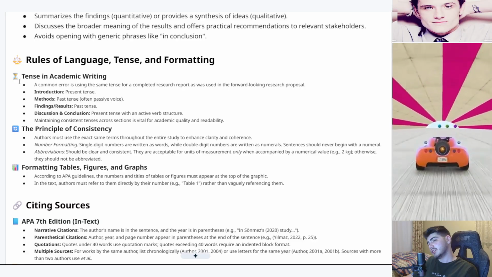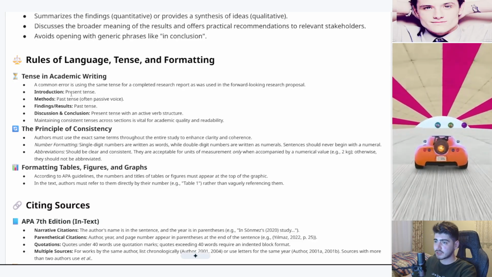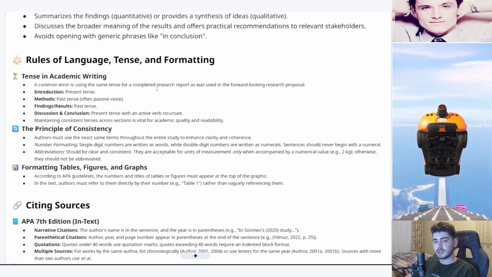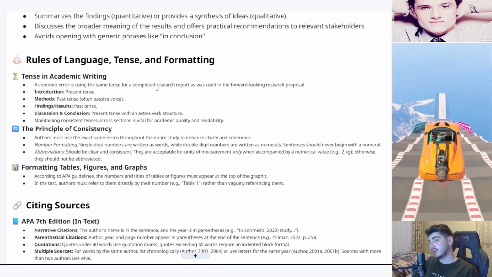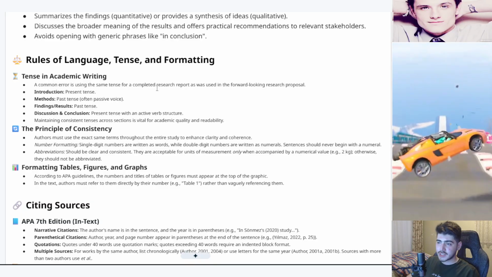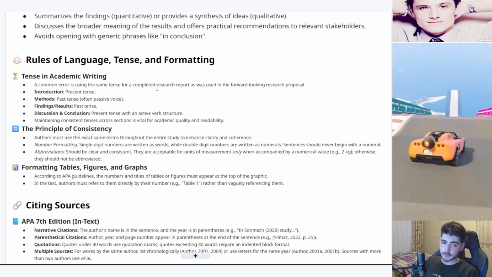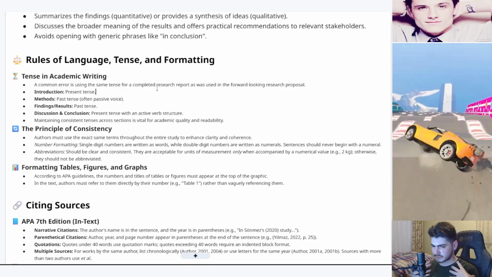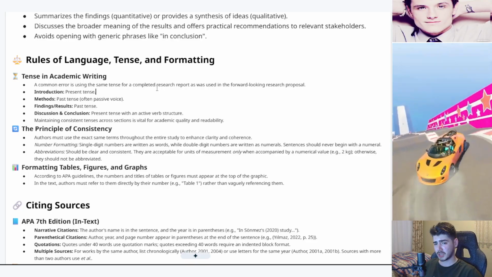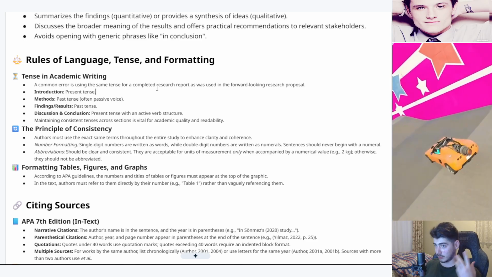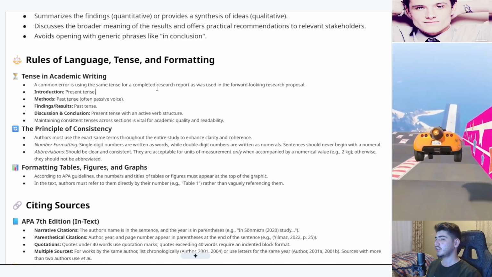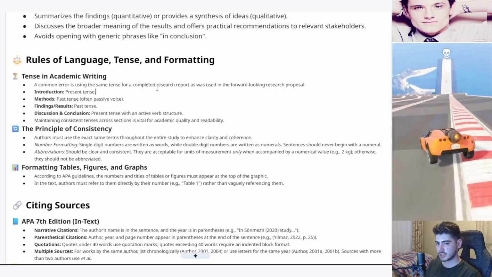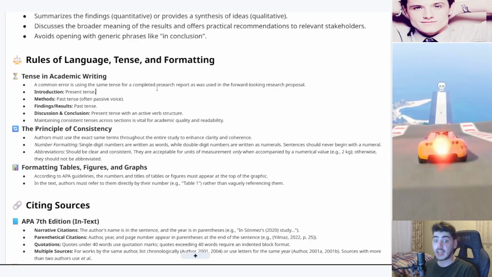So, the tenses. In the introduction, we use present tense because we are introducing everything. In the methods, we use past tense in passive voice because we've done those in the past. Me and my team, we conducted this experiment. In the findings and results, we also use past tense because we are writing the research report after the fact.